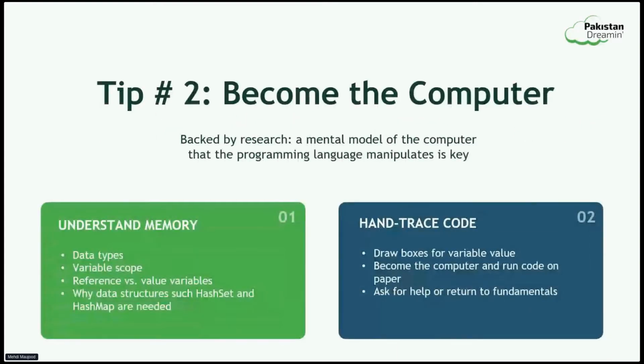So here's my second tip. And this one is backed very strongly by research. I went through a bunch of research papers before preparing for this presentation to see what they found as a key to learning how to code. And one of the things they all talk about is that it's very important to have a mental model of the computer that is running the code.